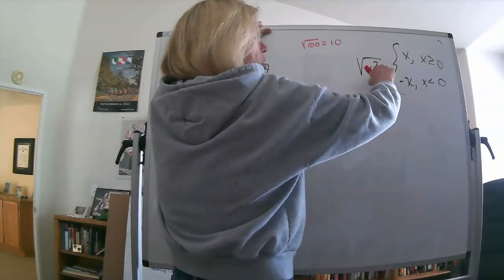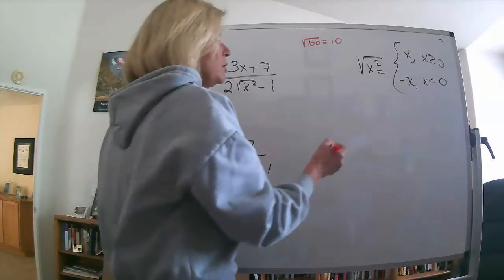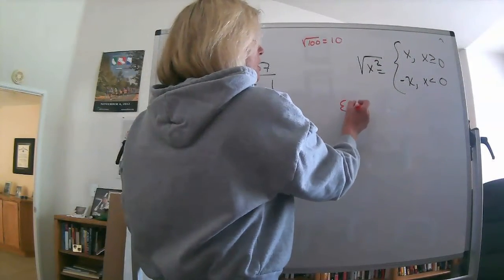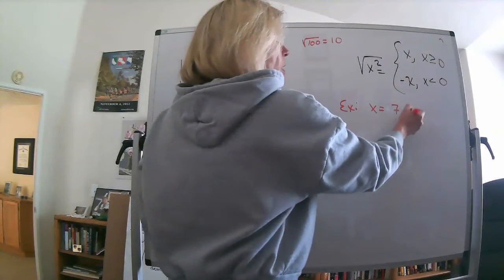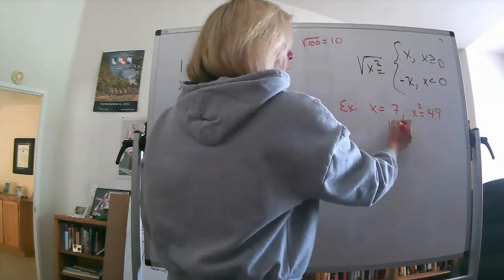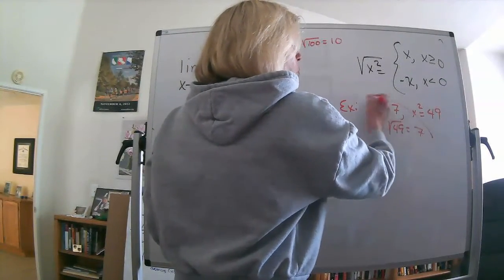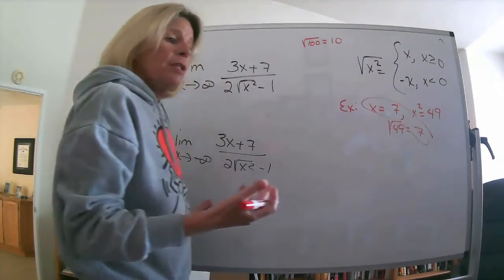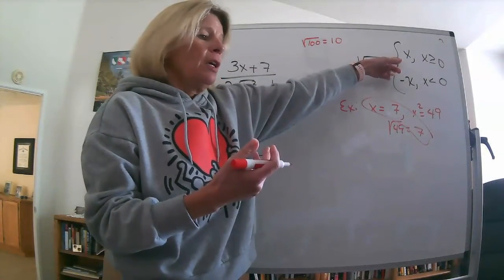So let's look at what's going on here. The square root of x squared is x if x is positive, greater than or equal to 0. So let's look at an example. Let's say x is positive 7. That means x squared clearly is 49, and the square root of 49 is 7, which is the same value of x I started off with.